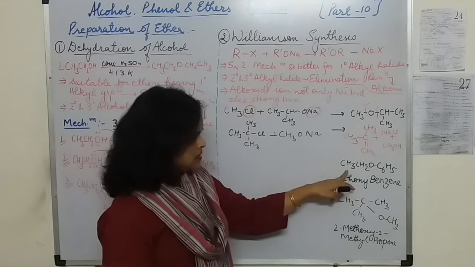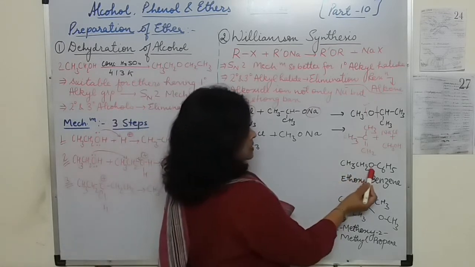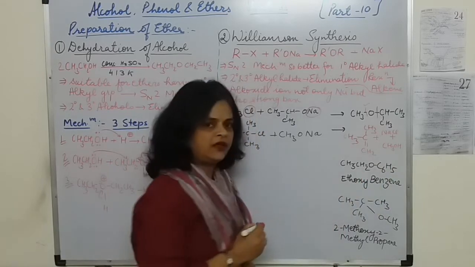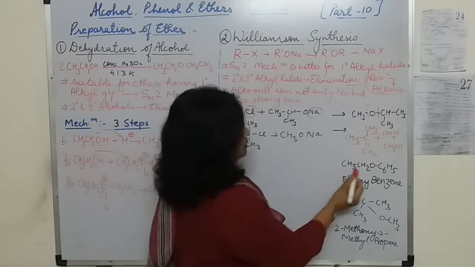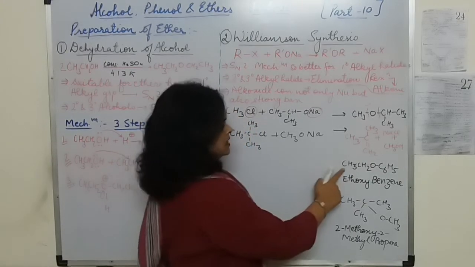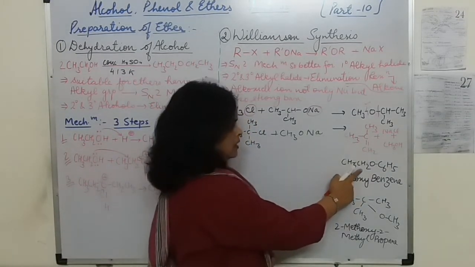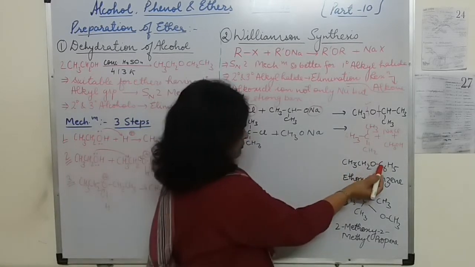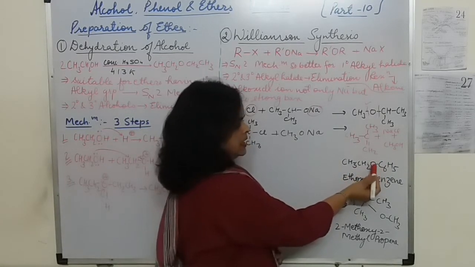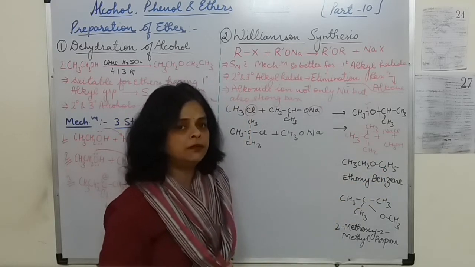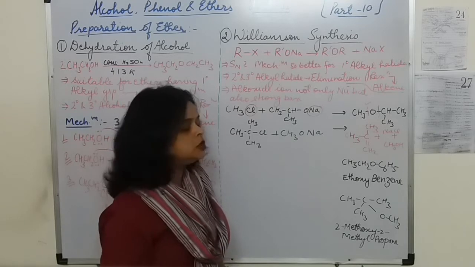In this, if you see the oxygen, one side we have a phenyl group and one side we have an ethyl group. If you break this bond, then the reagents will be CH3CH2Cl and C6H5ONa. But we know that when an oxygen atom is attached to the benzene ring, it has partial double bond character and it is difficult to break.